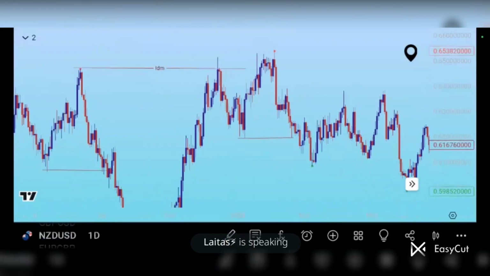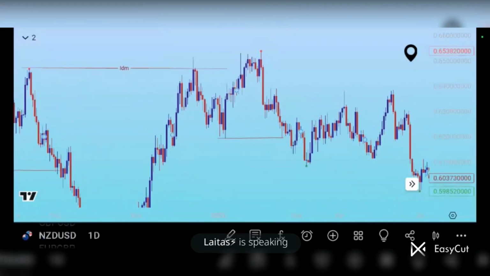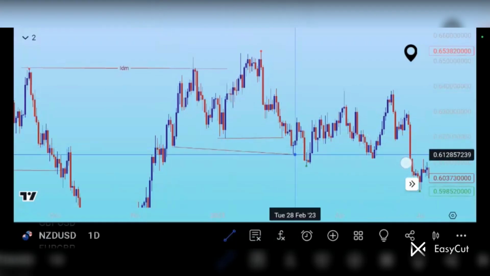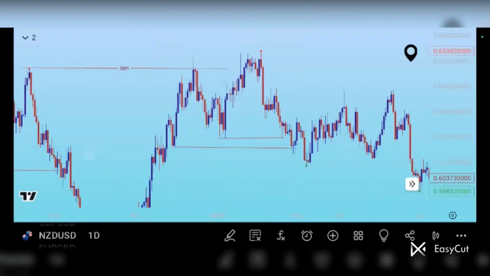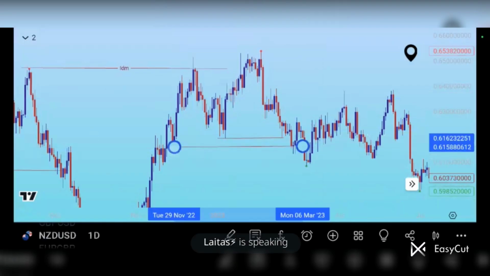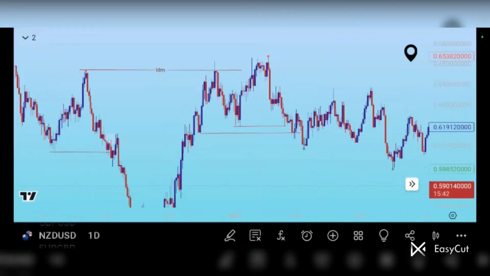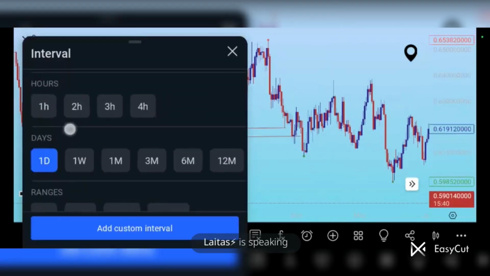But since you know it swept that time frame inducement and it went down, this is the main low of the swing. Let me go to weekly.